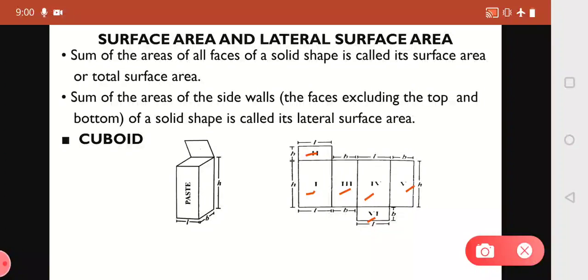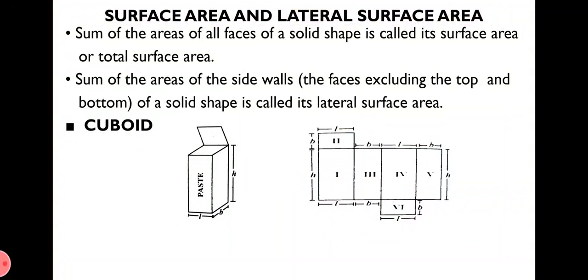The first rectangular face has height and length. The second has length and breadth. The third has breadth and height. These are all height only. Similarly, we will add all the face areas and find the surface area of a cuboid.